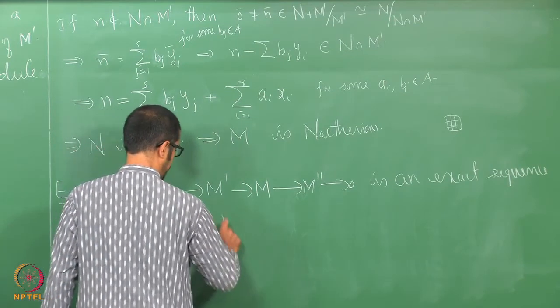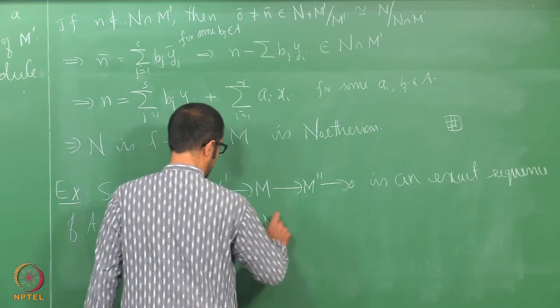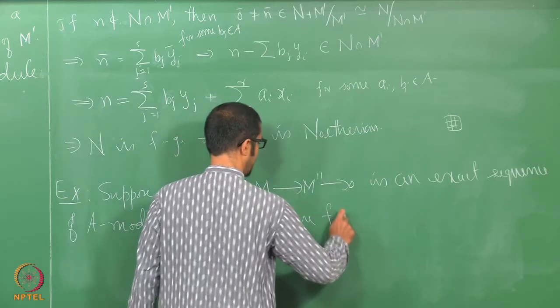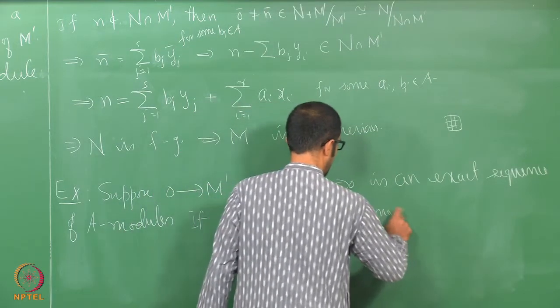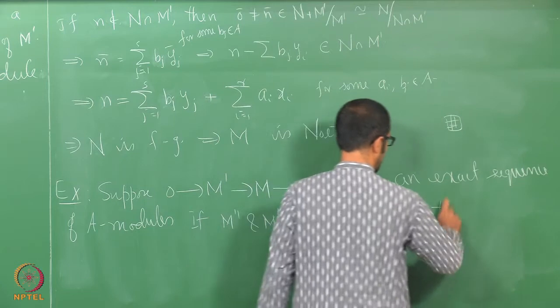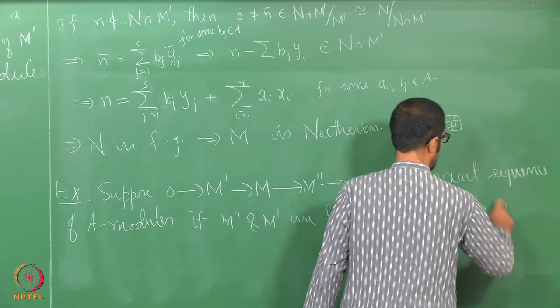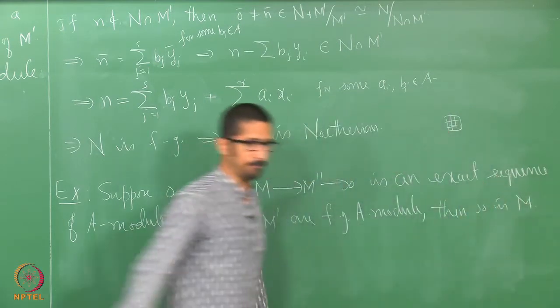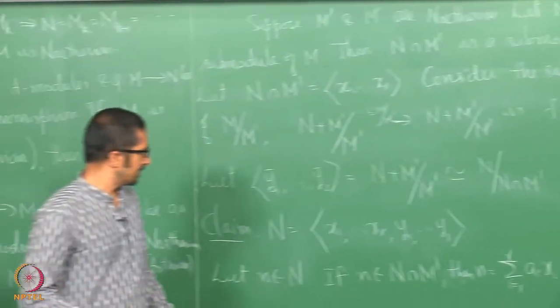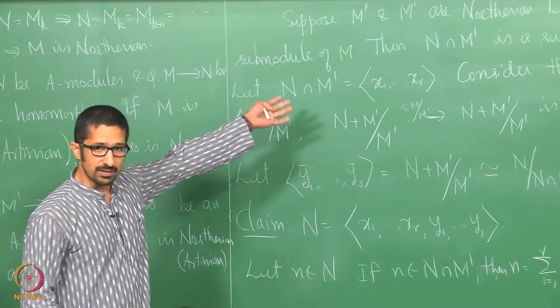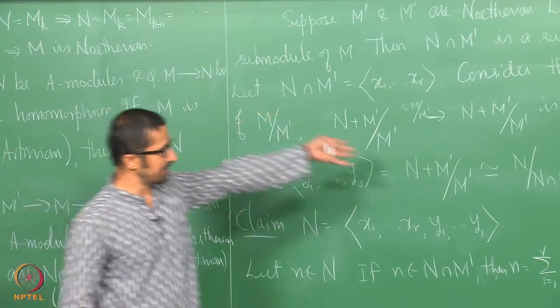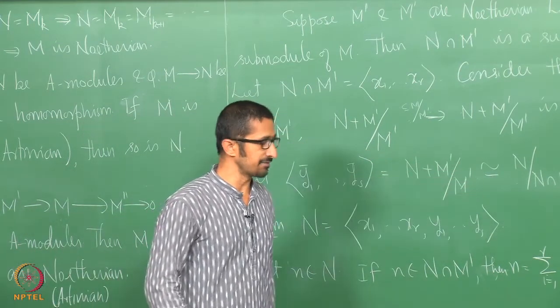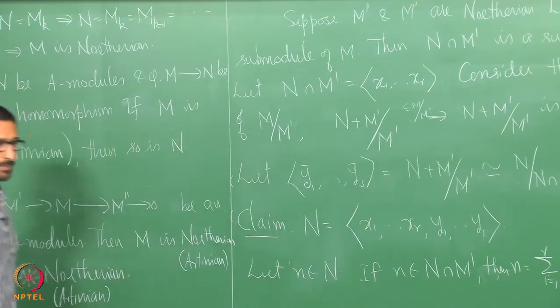If M double prime and M prime are finitely generated A modules, then so is M. We have just simply created a spanning set for M from the spanning set for M prime and M double prime.